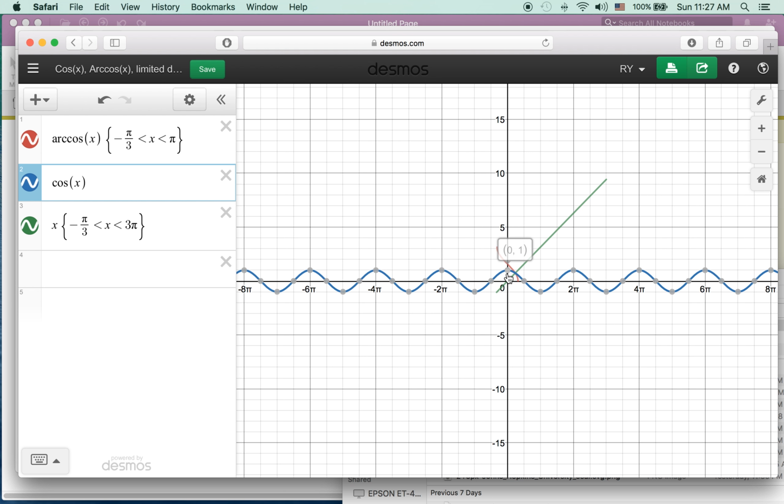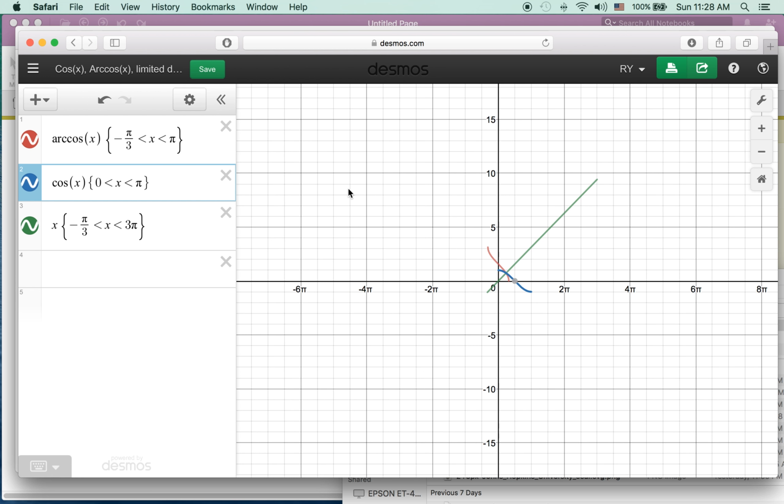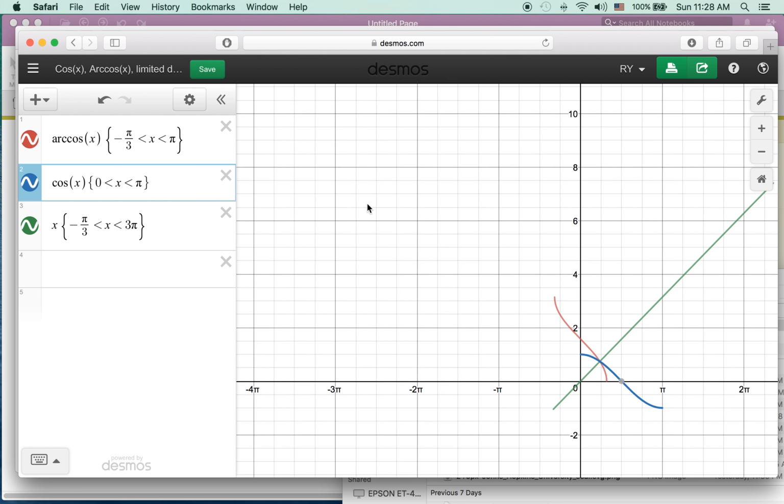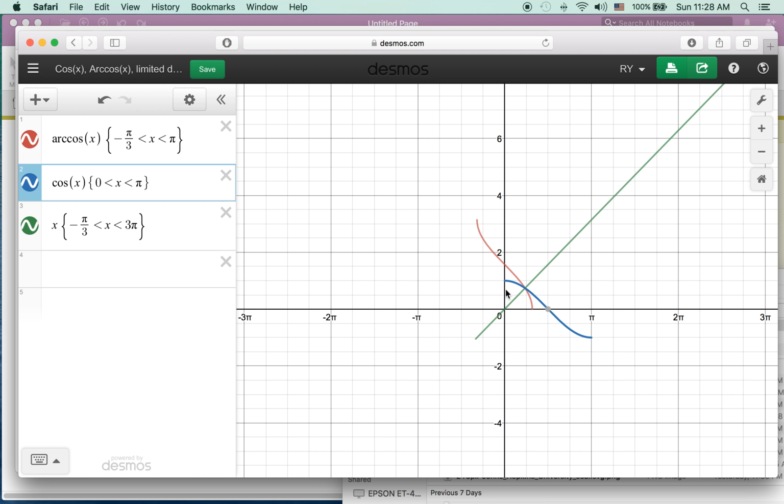There are any number of x's that hit, for example, 1. This function is 1 at 0, it's 1 at -2 pi, -4 pi. So this is not a one-to-one function, but if we introduce the domain restriction, you can see that here we have this section of the cosine, and here we have the arc cosine, which is its inverse, and they are symmetric about y equals x.